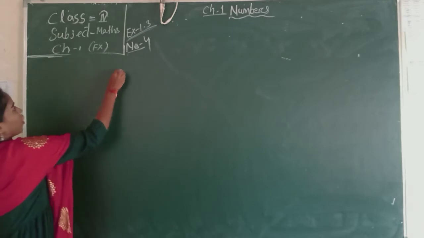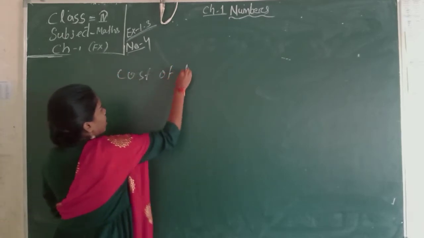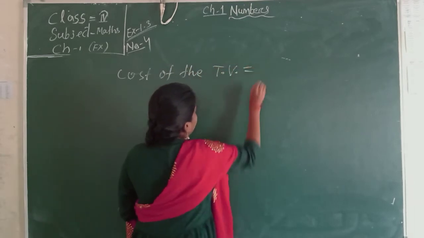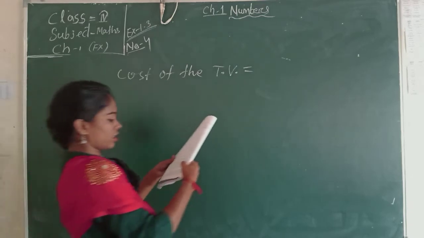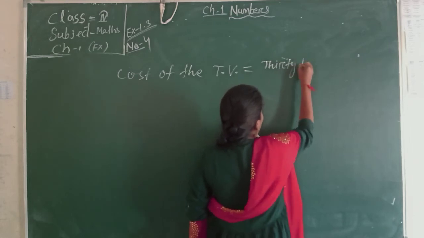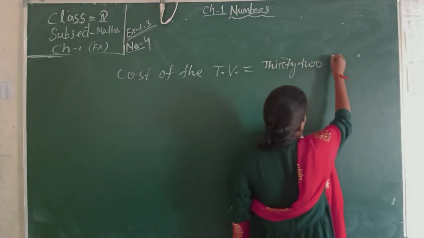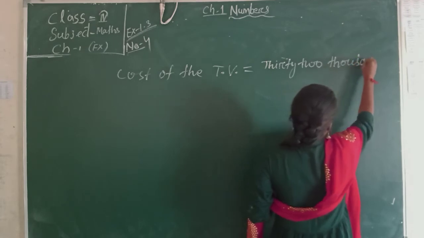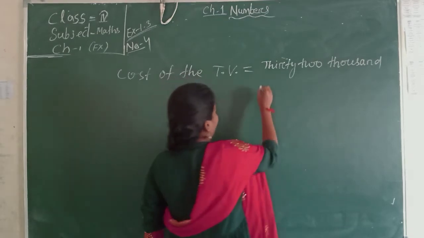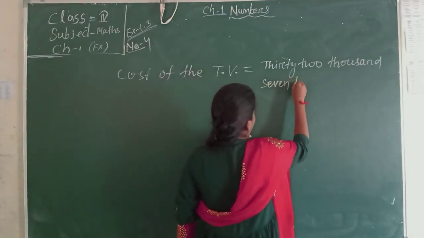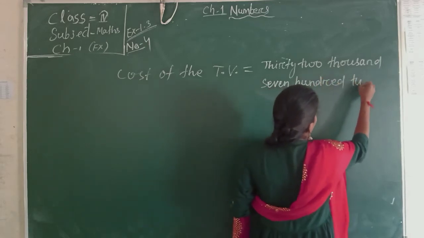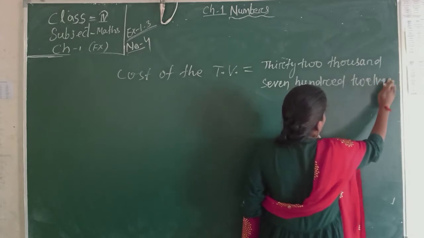So here the cost of the TV is how much? The cost of the TV is 32,712.